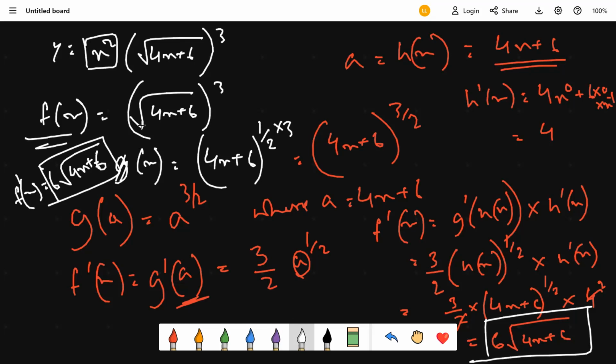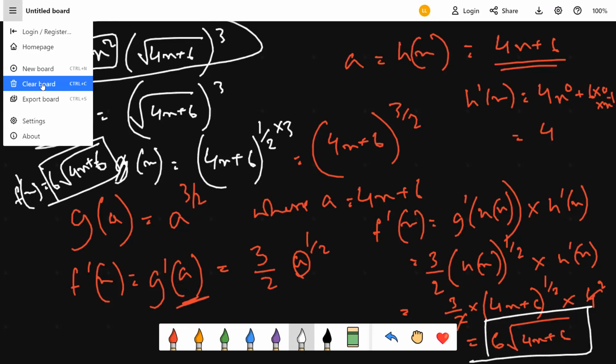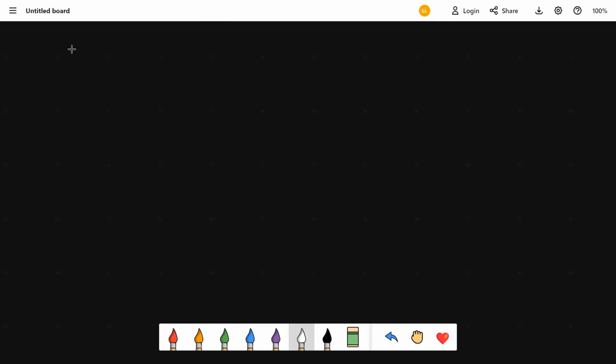Now we will be dealing with this expression. Let's go to a clear board. So our equation was x square multiplied with root over 4x plus 6 whole cube. That means we have to find dy by dx, and we know we have this product rule.